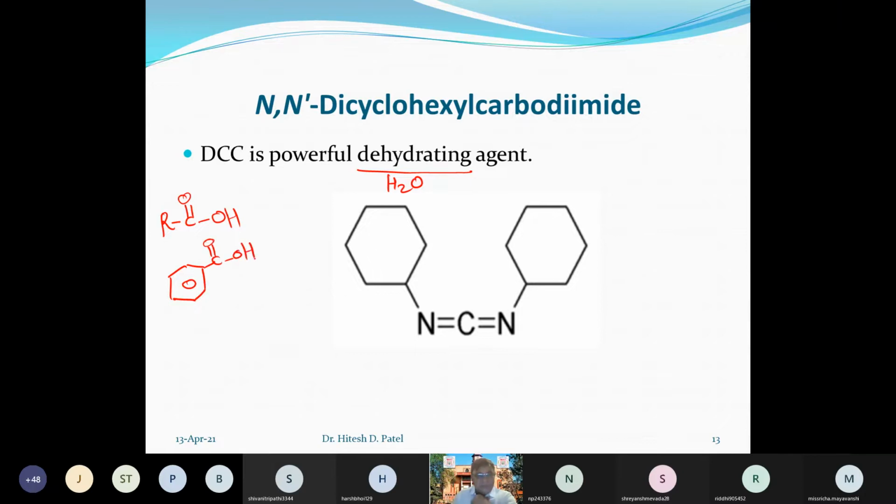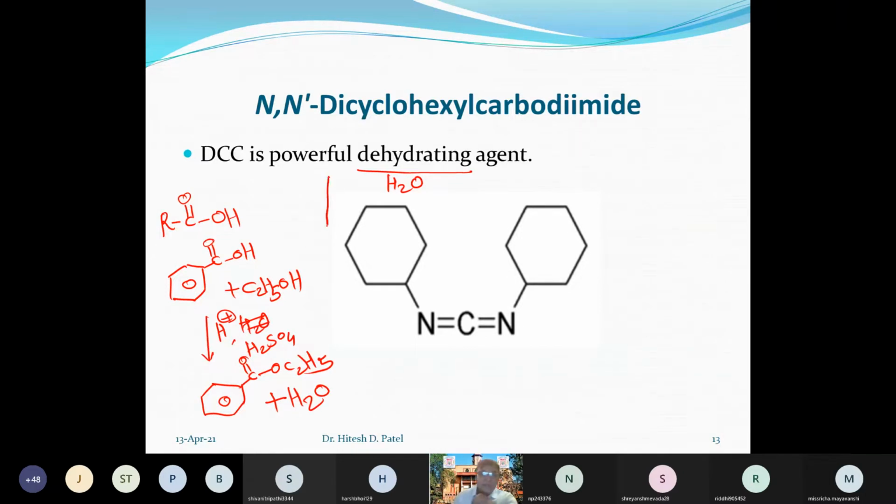Benzoic acid plus ethanol, C2H5OH, in the presence of an acid, let's say H2SO4, gives the product ethyl benzoate, C6H5COOC2H5. With the formation of this product, water forms as a byproduct.